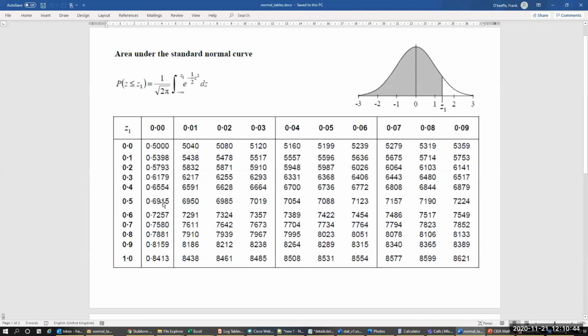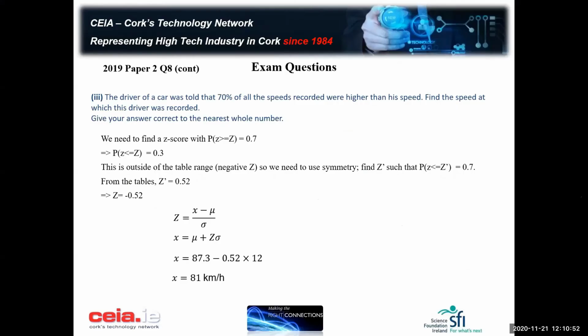And for 0.7, in this case, the closest value is 0.52 for z prime, right? And then exploit the symmetry and go back to z. So z is minus 0.52.